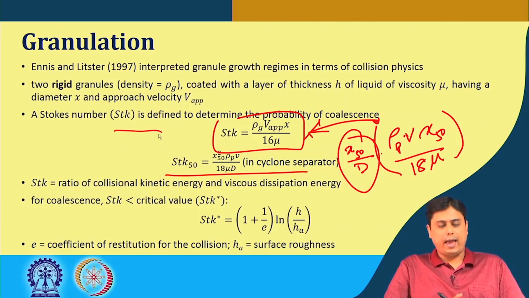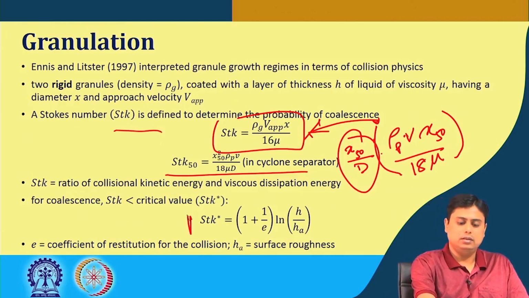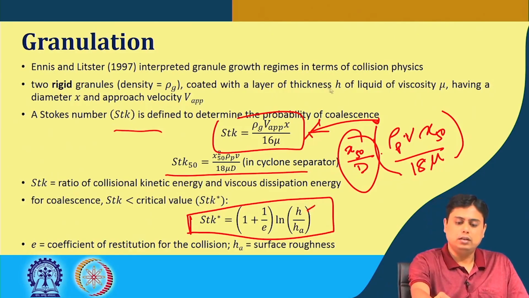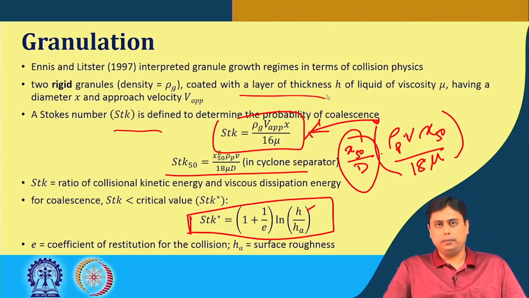So, in order for this coalescence to happen, this Stokes number has to be lesser than a critical value, say the critical Stokes number, and it is defined by this expression, where E is the coefficient of restitution for the collision and HA is the surface roughness, and H, I already mentioned, is the layer of coating thickness of the liquid.